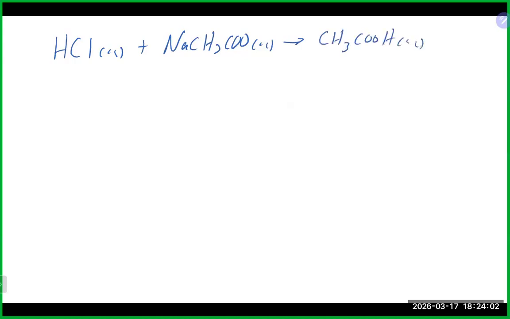We're going to take the HCl, add it to our sodium acetate here, and again, we're going to get our acetic acid and our sodium chloride here. And again, we're going to assume that we had 1 mole of this sodium acetate and 1 mole of acetic acid.